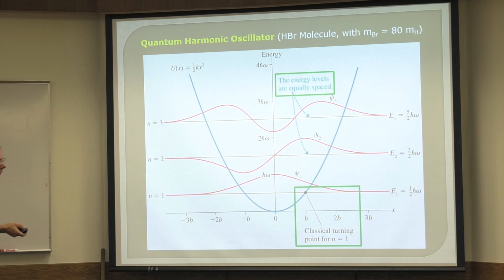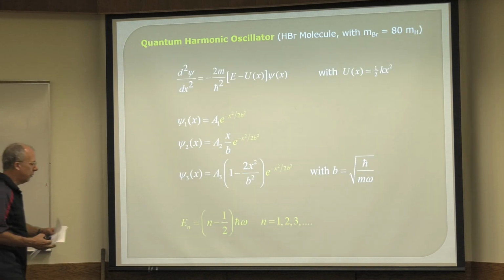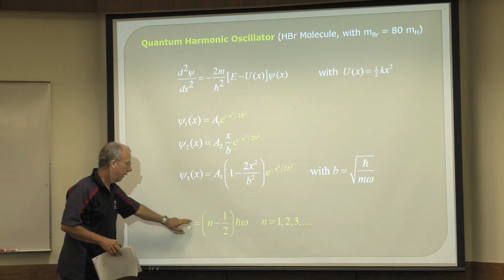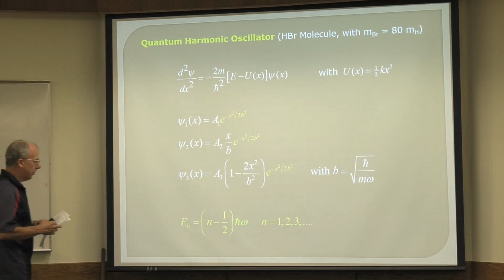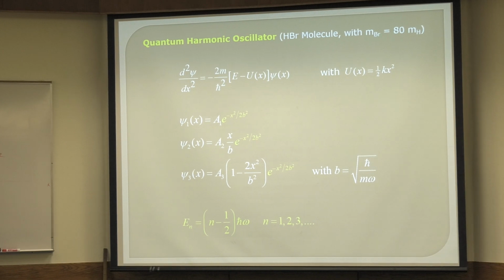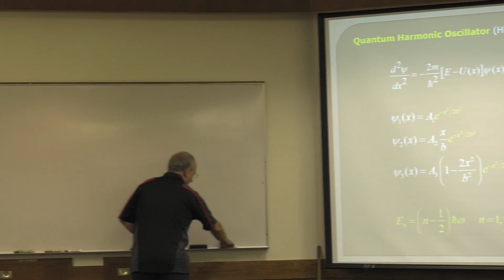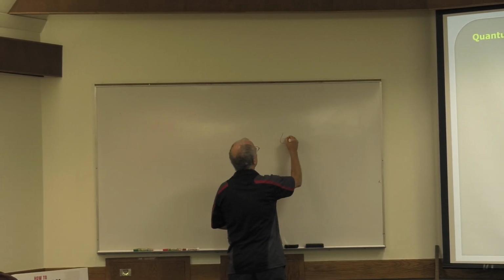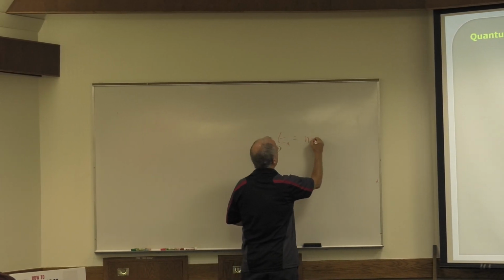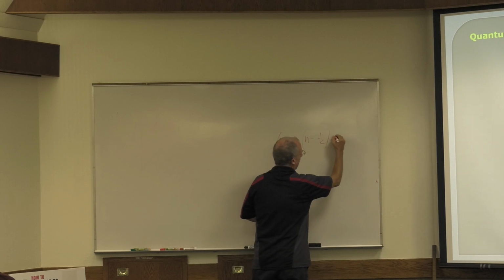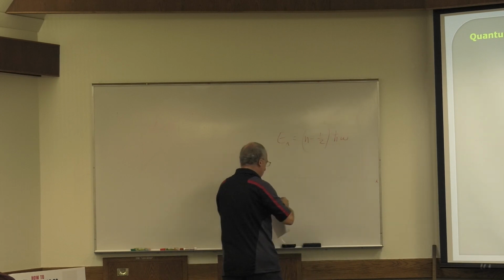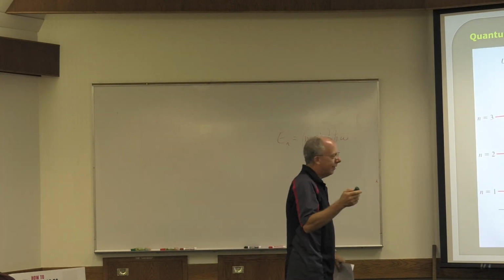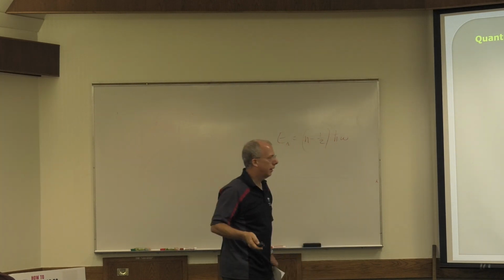In other words, we're going to use these results. We're going to say that the energy is quantized, and here's the formula. Because the bottom of the well is a parabola, we're going to use all of these results. So En equals (n minus 1/2) h bar omega. Quantized energy, the whole bit. That's why I did this example.